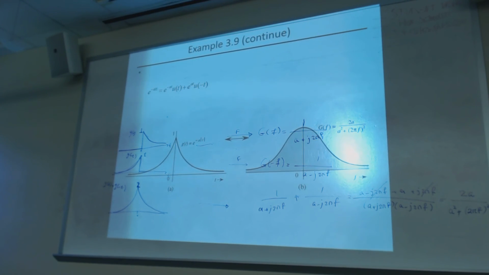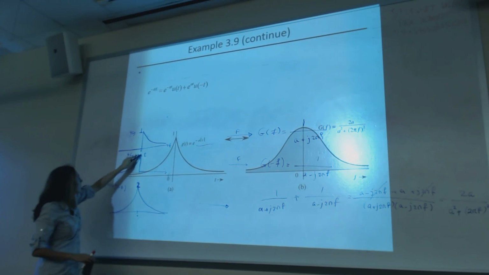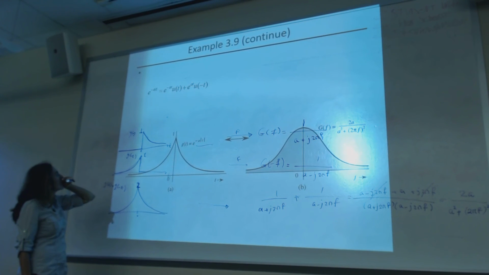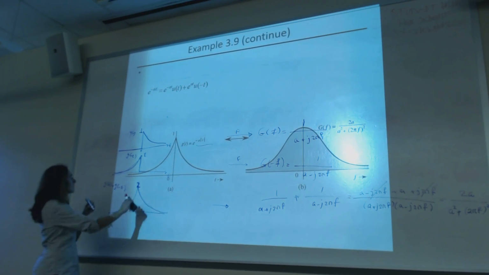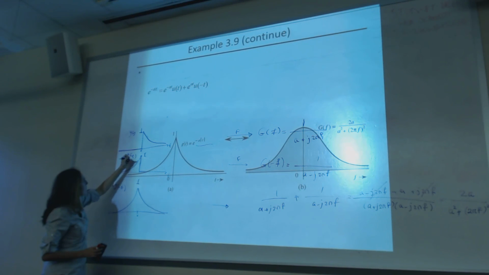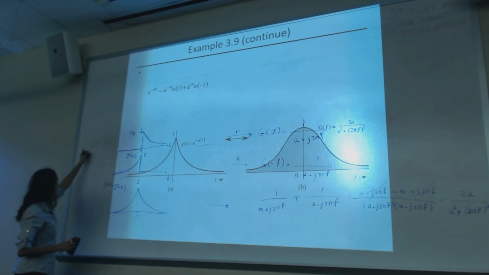If I add these two, and if you want to remove the u of t and u of minus t, there's a problem at t equals 0 because of the discontinuity.